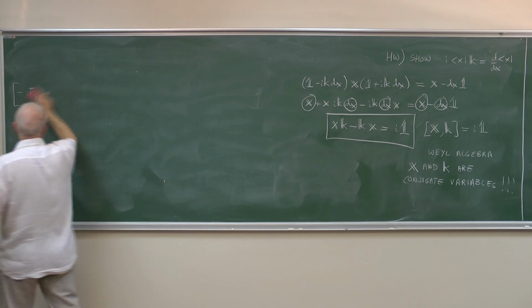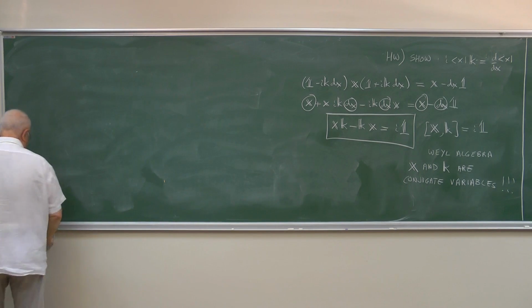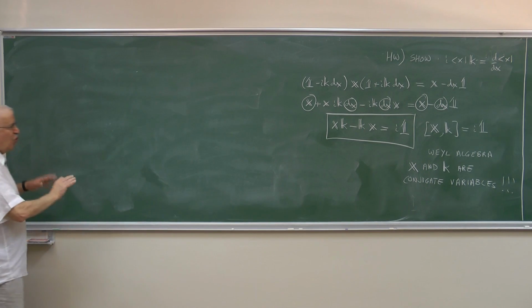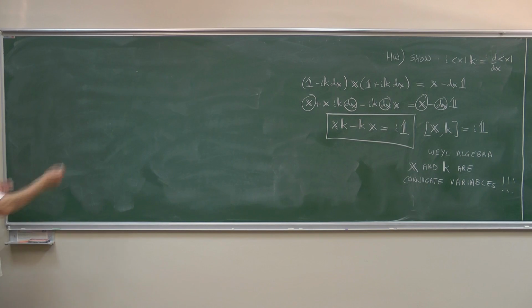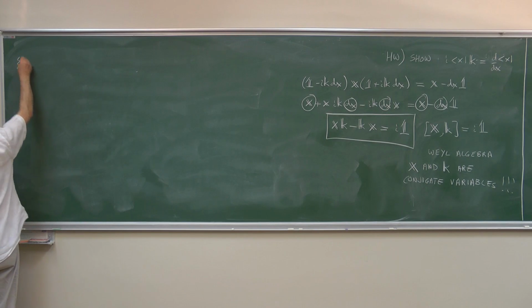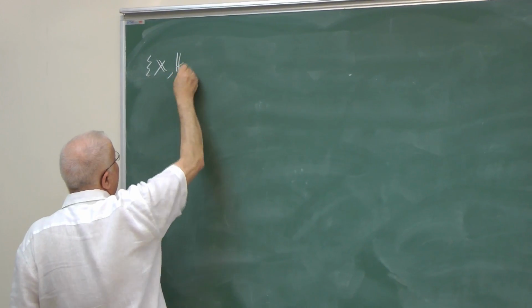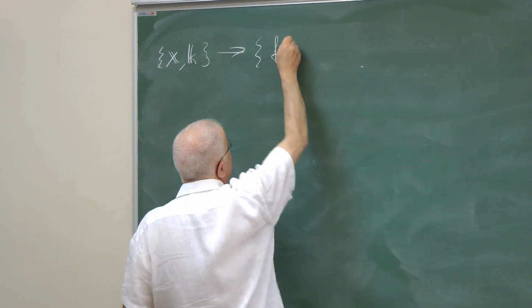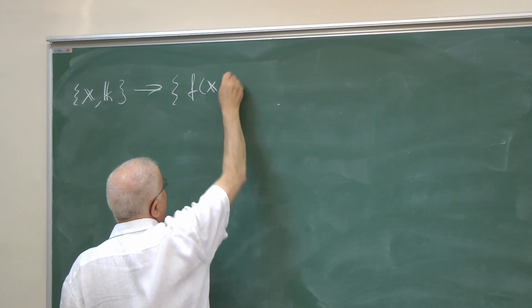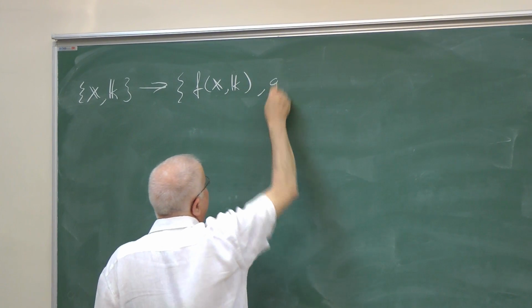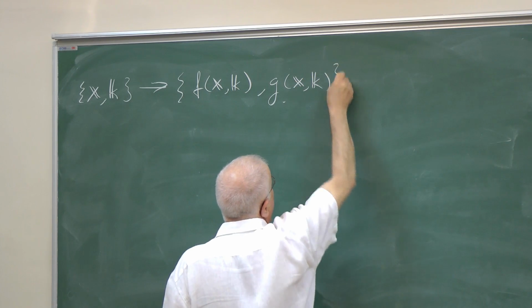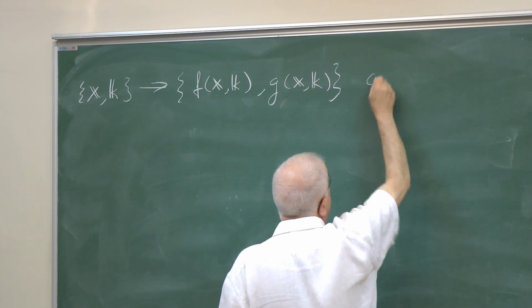If it were larger dimensions, we would have more complicated things, but this is very simple, just x and k. So from the variables x, k, if I go to 2 functions, f of xk and g of xk, this is a canonical transformation.